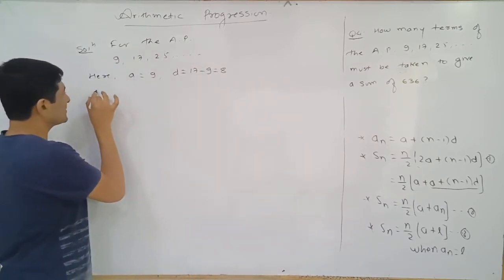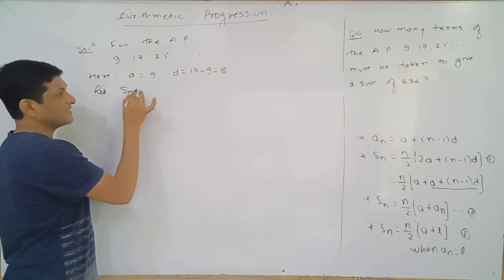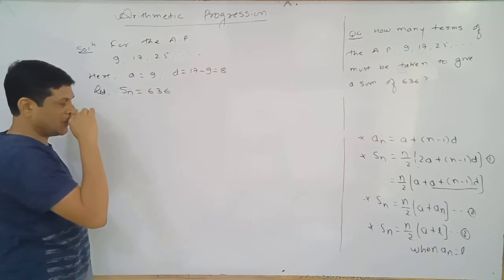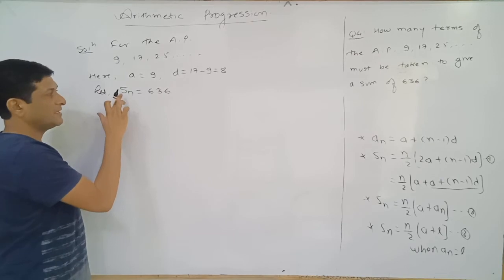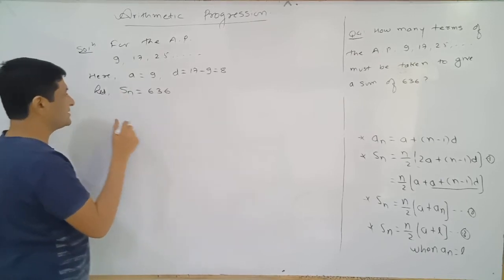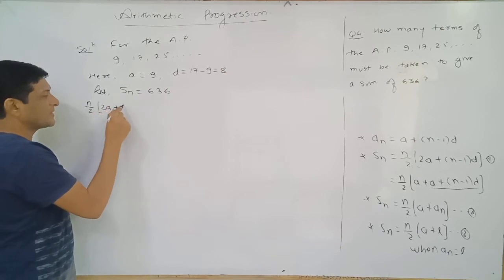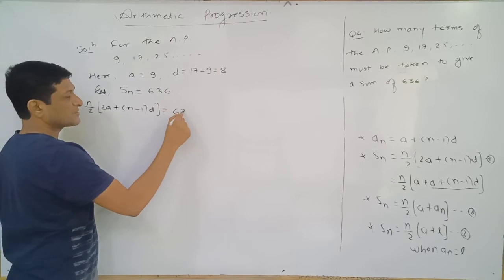So here we are denoting this sum by Sn is equal to 636. Let us suppose that this is the sum of n terms, and using this we are trying to find out value of n. Now apply the formula of Sn. What is the formula of Sn? n by 2 into 2a plus n minus 1 into d is equal to 636.